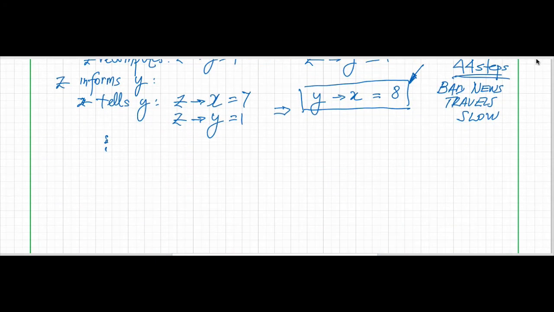Well, a solution. And the solution is called poison reverse.